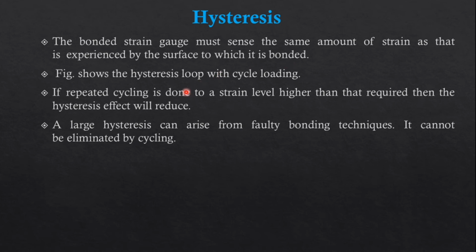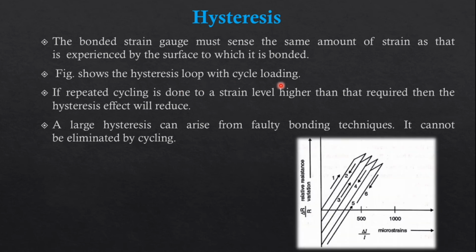Here we have a figure which shows the loop of the cyclic loading. Starting from this point, it then goes in the negative direction. Over here it is not going to be 0, but at some value, and from that it goes to 3, then 4, 5, 6 and so on, increasing. And this is in micro strain.